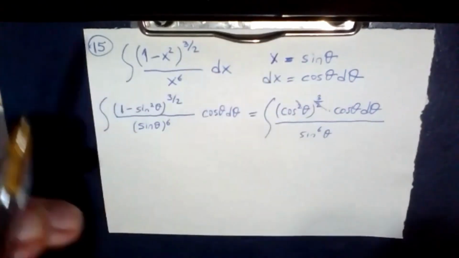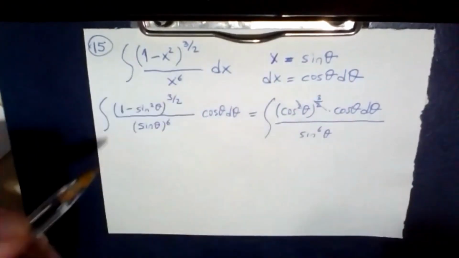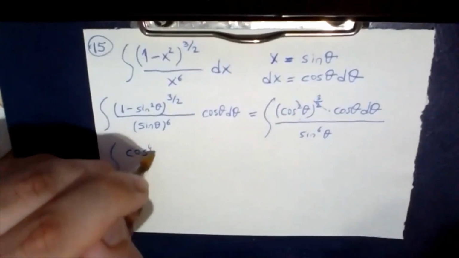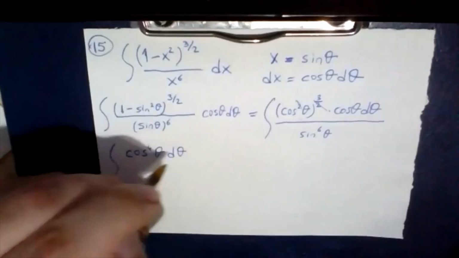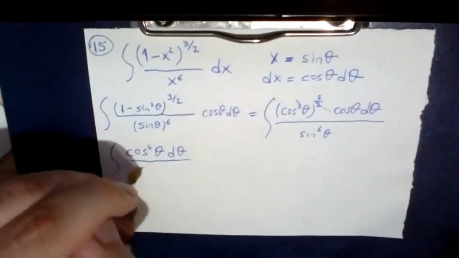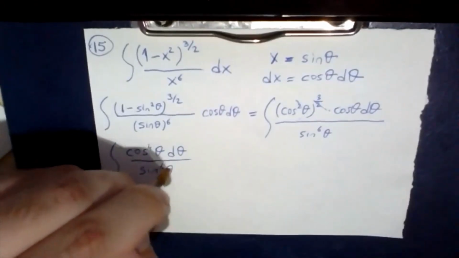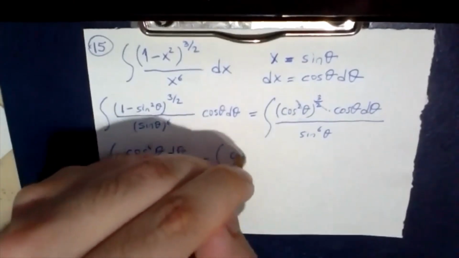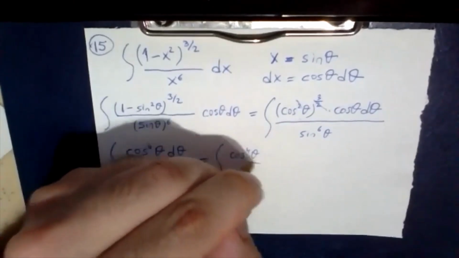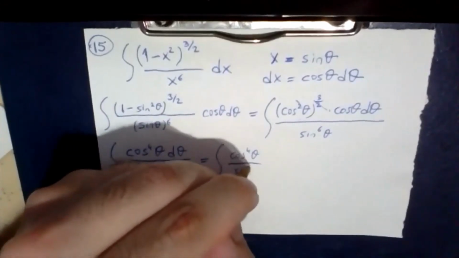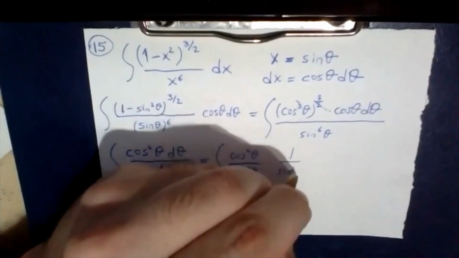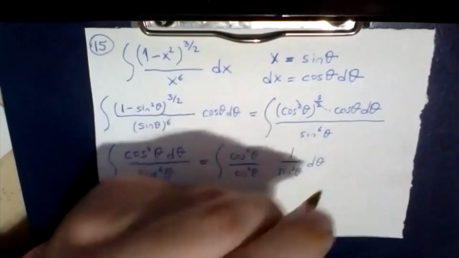So in the numerator we have cosine cube theta times cosine theta. All of them will become cosine to the 4 theta d theta over sine to the 6 theta. And we can separate them as cosine to the 4 theta over sine to the 4 theta times 1 over sine square theta d theta.